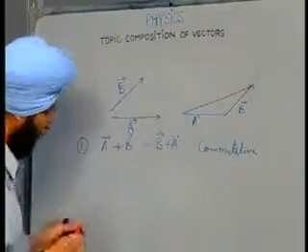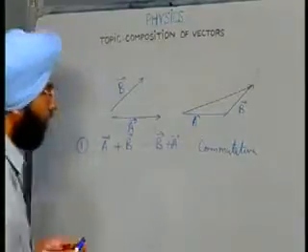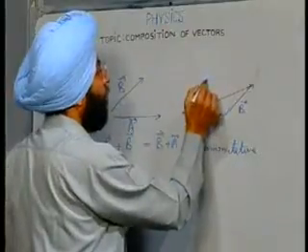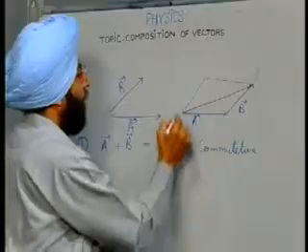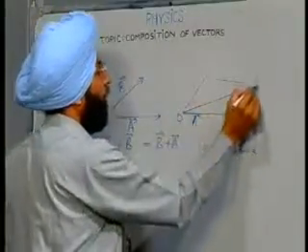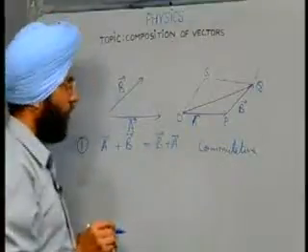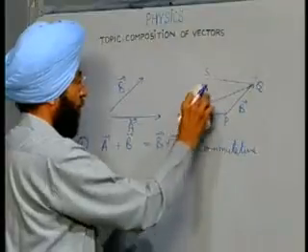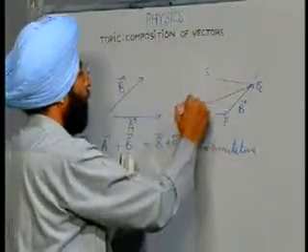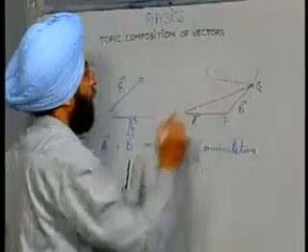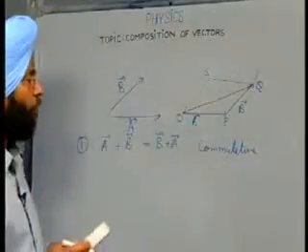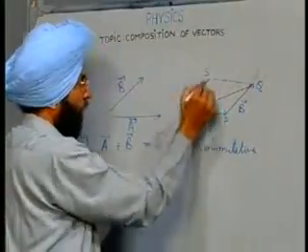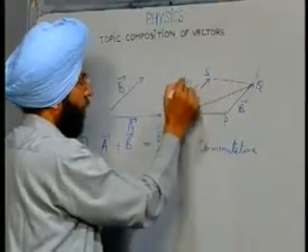Now, if we complete the parallelogram with A and B, O, P, Q, S, OS is parallel to PQ and equal in length. So, OS can represent vector B also.